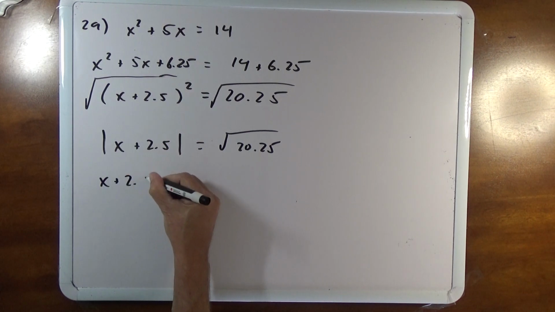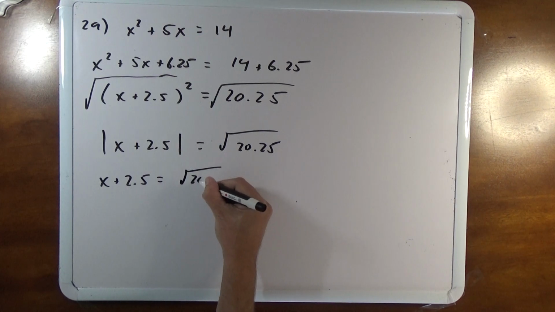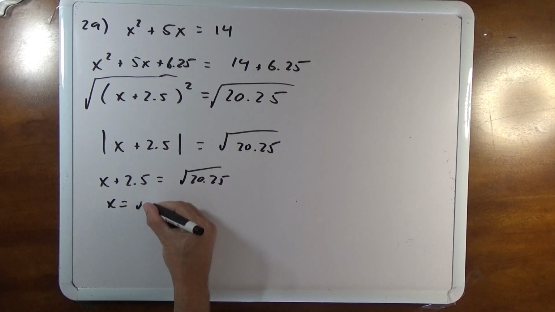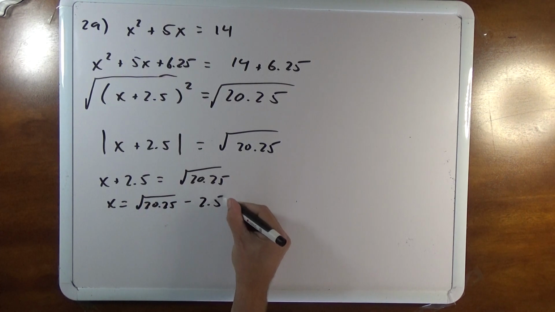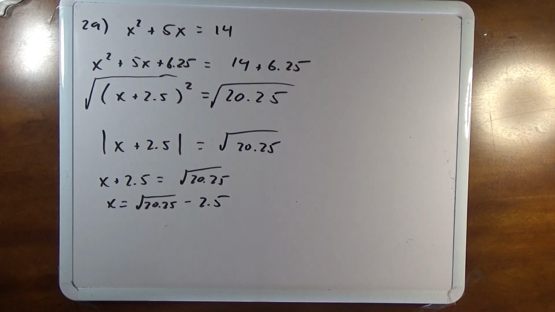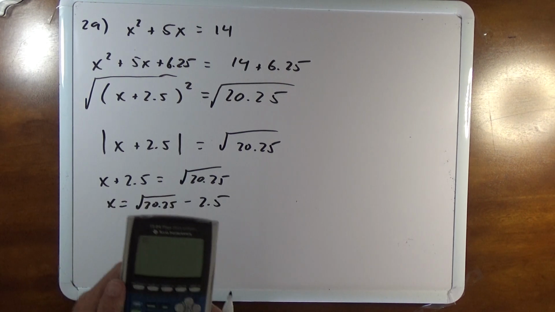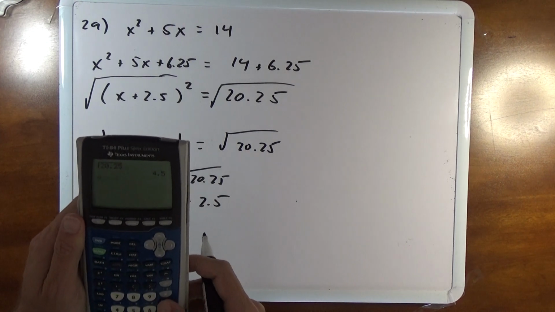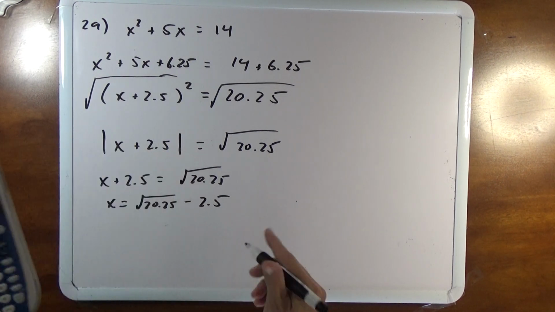X plus 2.5 is equal to the square root of 20.25, or x is equal to the square root of 20.25 minus 2.5. It's just solved to the nearest hundredth. So the square root of 20.25 minus 2.5 is 2.